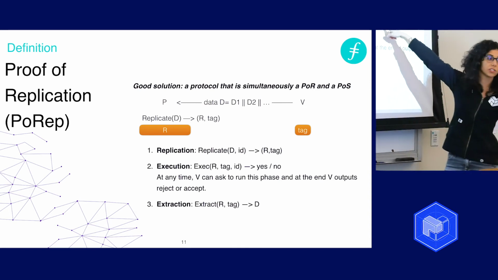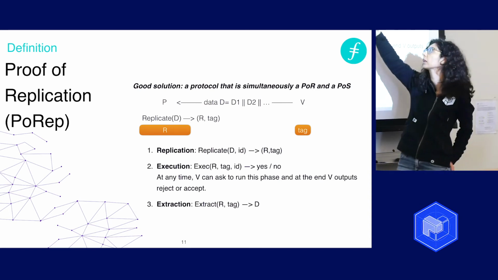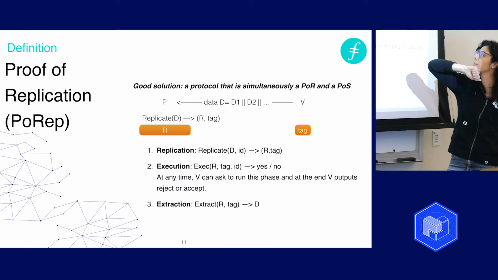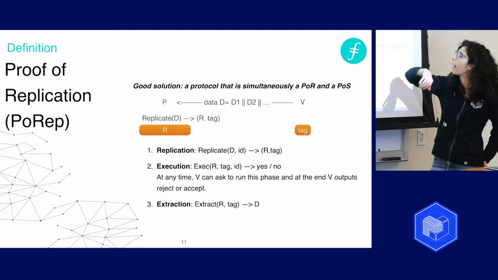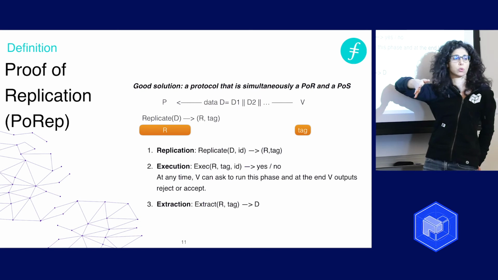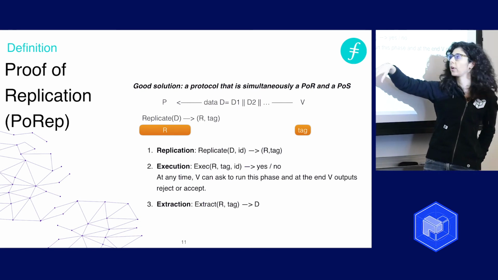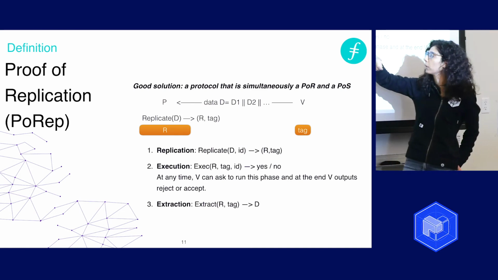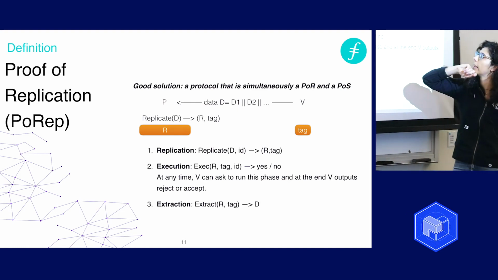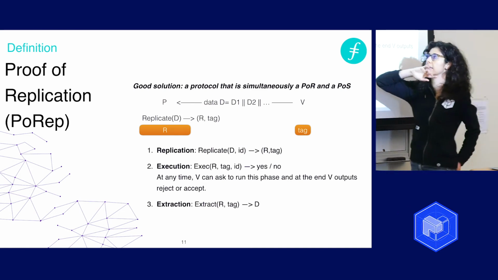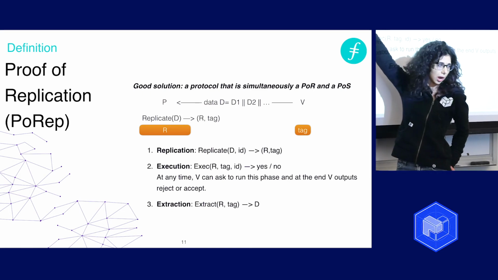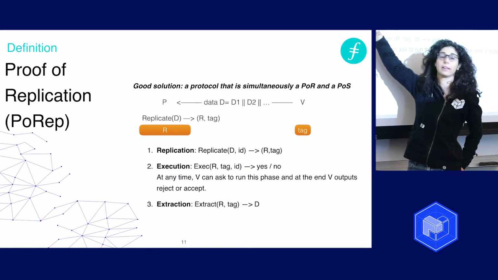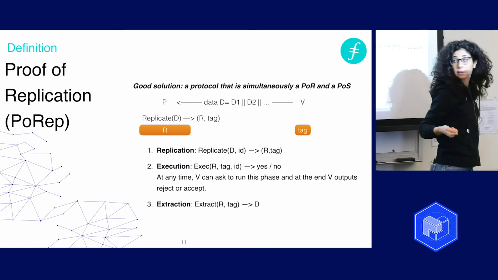And the verifier has just a tag. This can be an interactive or non-interactive process. And then I have the same idea as the execution phase before. So I have an efficient phase where the verifier can repeatedly query the prover to check that it's still storing a large fraction of R, and the R contains the data.